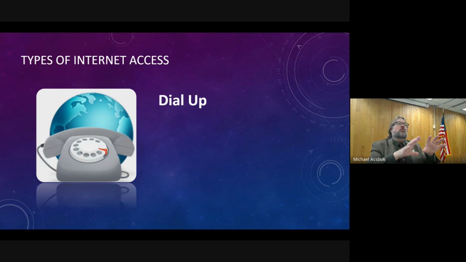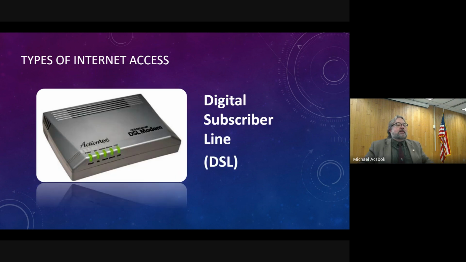And it didn't take too long before we really maxed out the amount of information that could be pushed through a telephone line. Couldn't go any faster. So then somebody had the idea of, let's create a DSL internet, which stood for digital subscriber line.